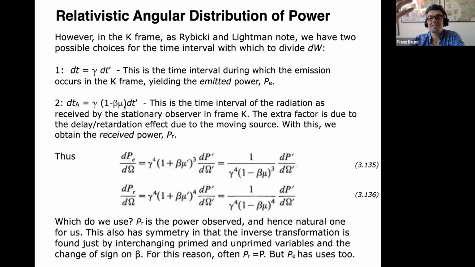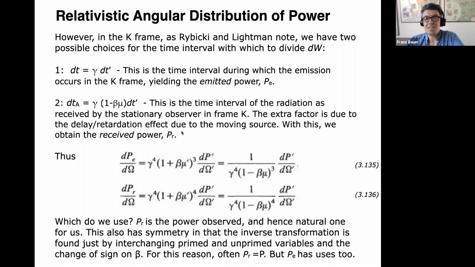That's the time of arrival of the radiation received by us in our frame. And so these differ by this factor here. This extra factor is due to the delay or the retardation effect of the moving source. And so this is the power received.